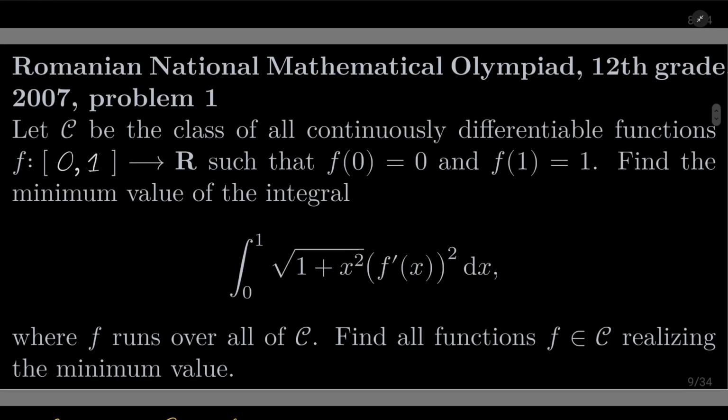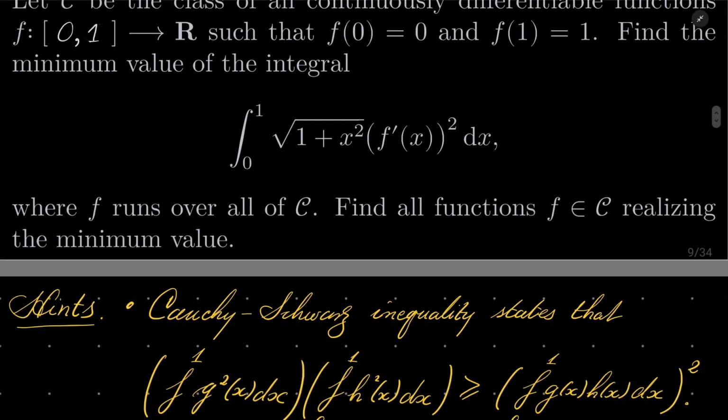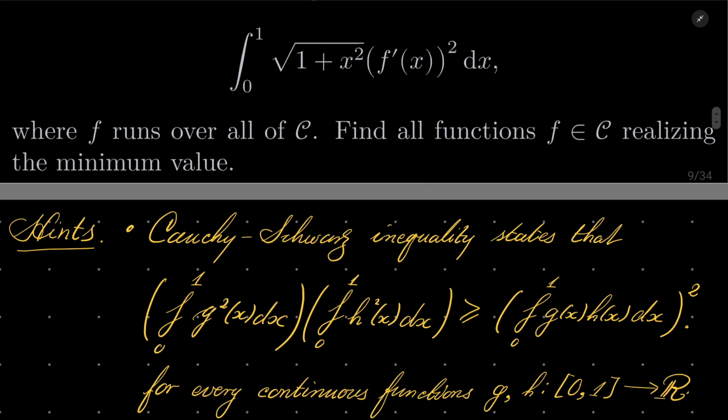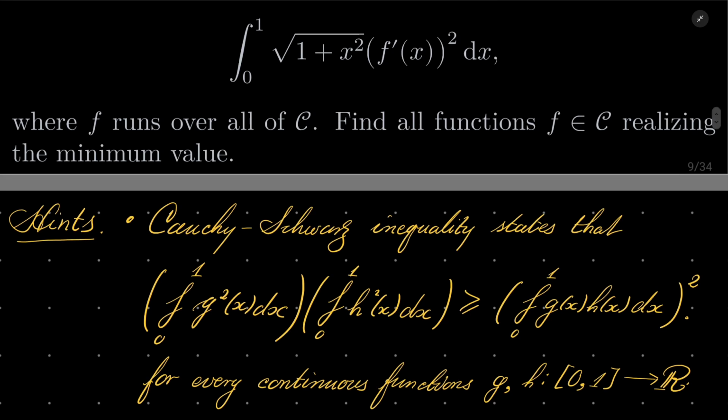So here are my hints for this problem. It's all about the Cauchy-Schwarz inequality, which states that the integral of the square of a function g times the integral of the square of a function h is always greater than or equal to the integral from 0 to 1, or some other interval, of the product g(x) times h(x), everything squared.